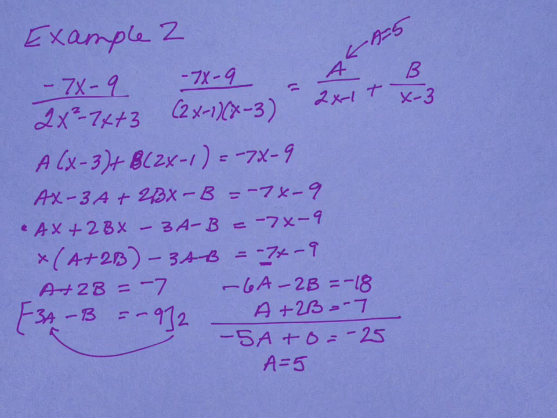Did I do that wrong? Might have done something wrong. Hang on. Looks like I did something wrong. So, where did I go wrong? A plus 2b is negative 7, and 3a, let's see.